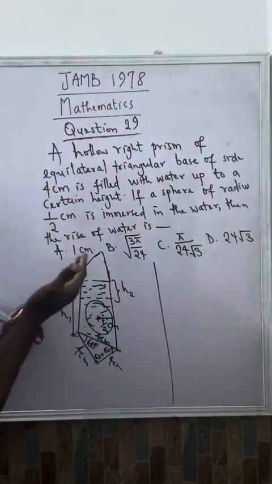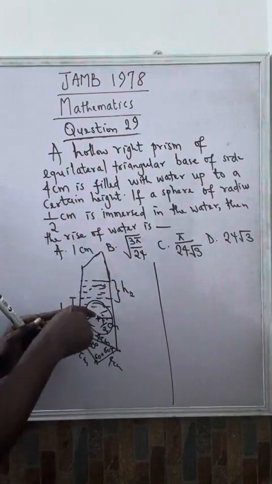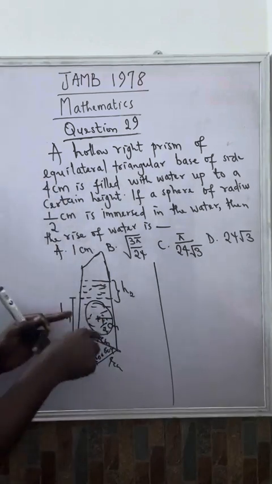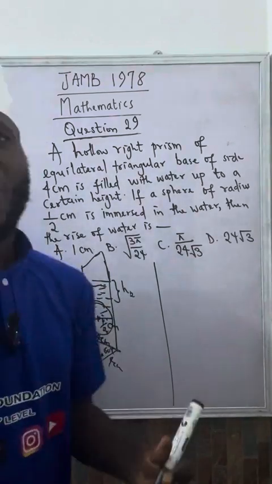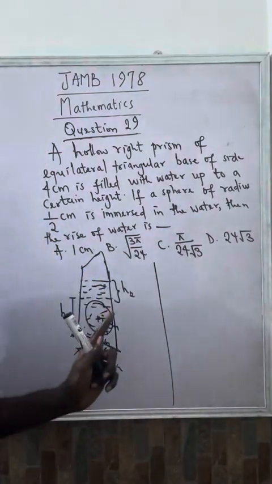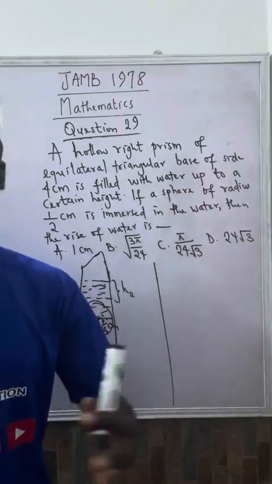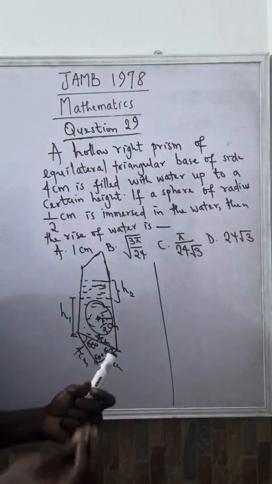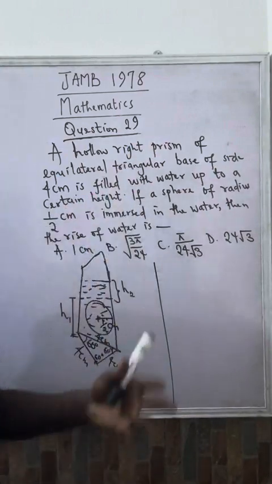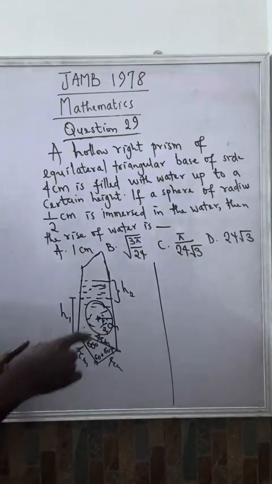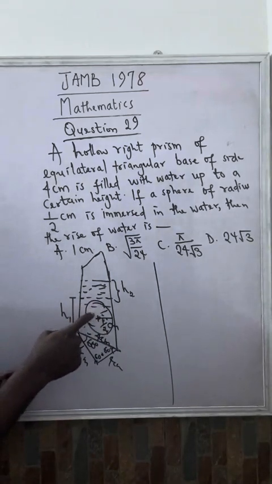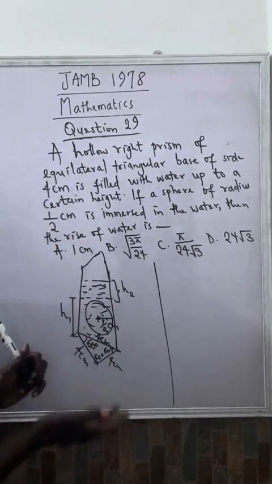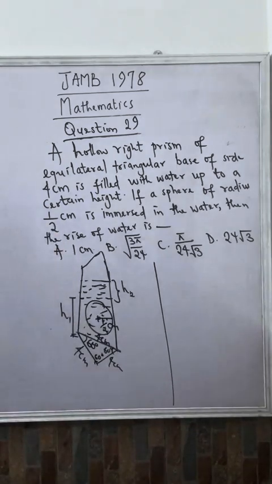The rise depends on how voluminous the sphere is. If the volume is too large, the water will rise more. If it is small, the water will not rise as much. So we need to know the volume of the sphere, which will help us know the volume of water displaced.